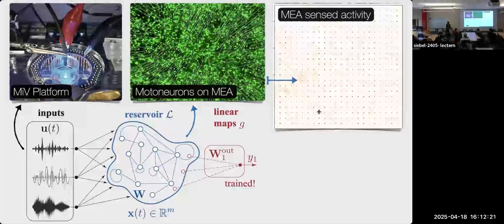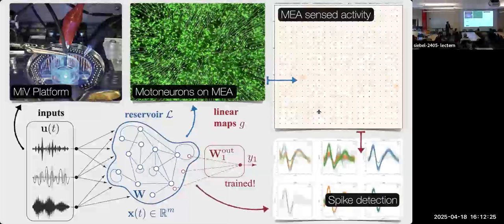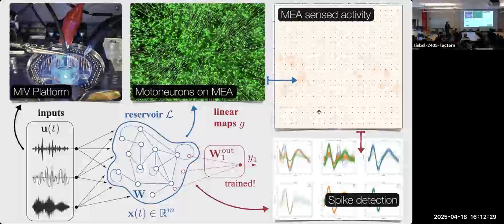Then we use the MEA, microelectrode array, to read the activities. With some signal post-processing, we can detect the spikes and translate them into firing rate, and then we can do further work.